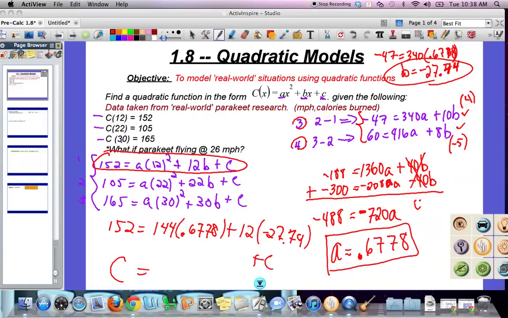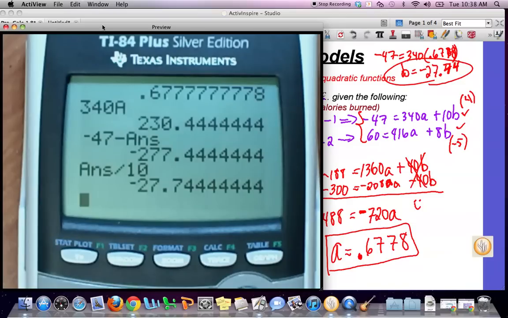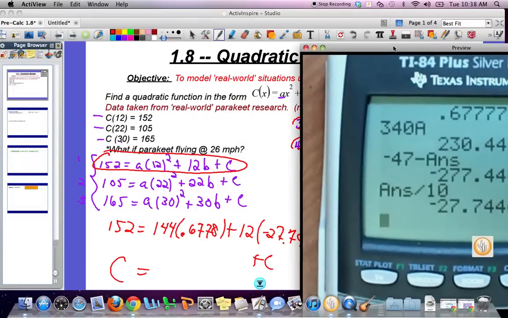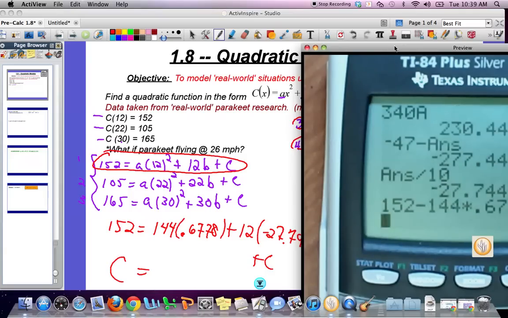Let's see if I can pull this up and do it at the same time. Not very well. So I'd have 152 minus 144 times 0.6778 plus 12 times negative 27.74.